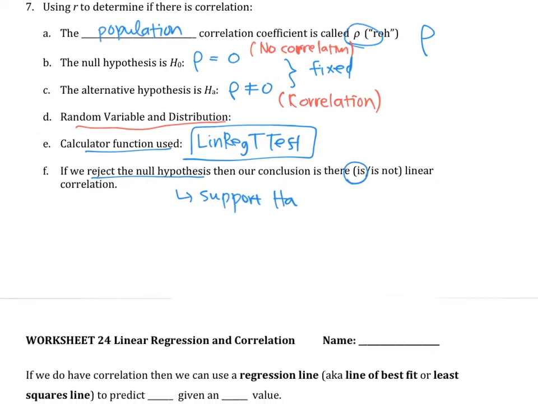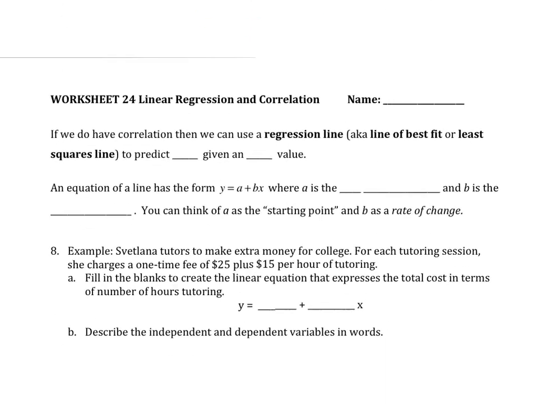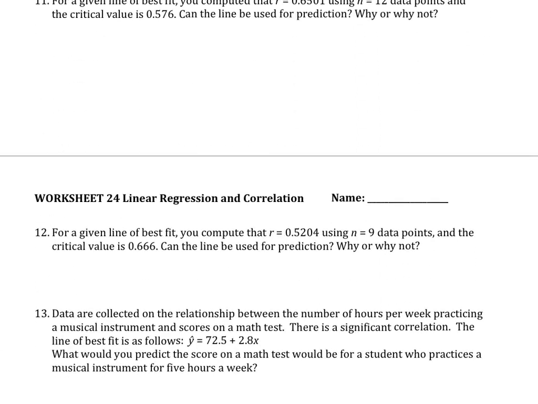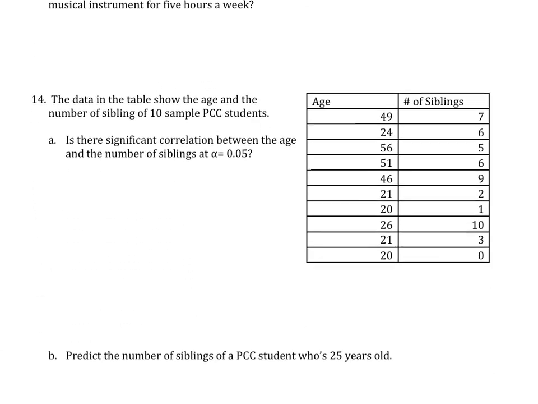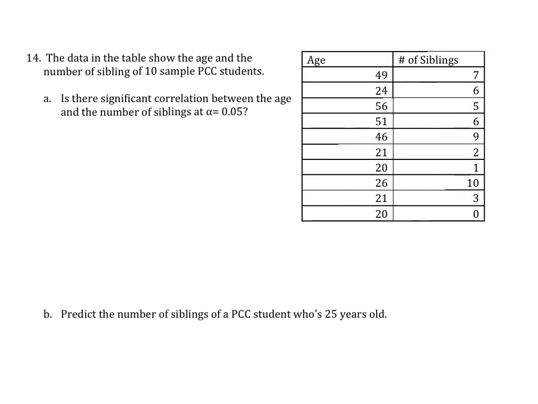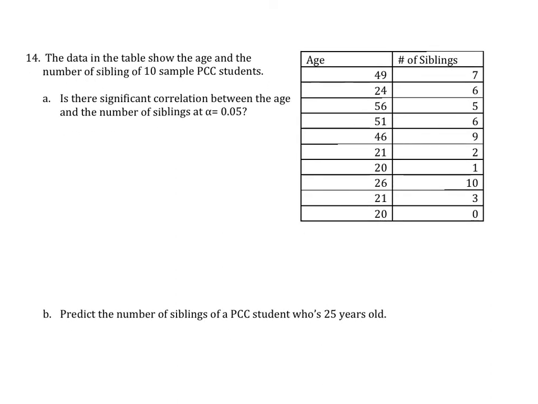All right, we're going to fast forward to one of the questions here, and then we'll come back. I want to just do one example. Let's look at number 14. The data in the table shows the age and the number of siblings of 10 sample PCC students. So this person is 49 years old, 7 siblings, oh, that's a lot. 46, 9 siblings, 21, 3 siblings, 20, 0 siblings.